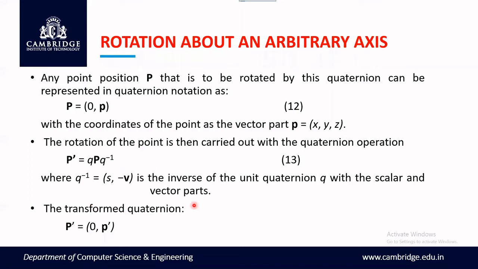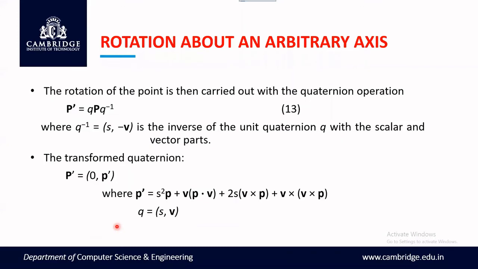So the transformed quaternion is given by P dash equal to 0 comma small p dash, where p dash is given by the formula S square into P. What is S?